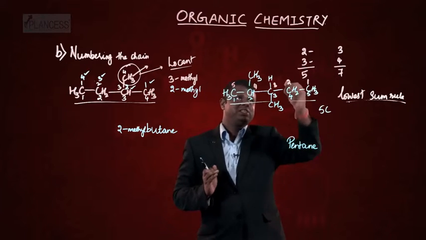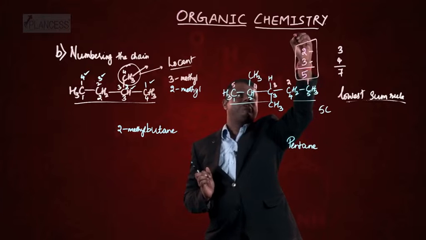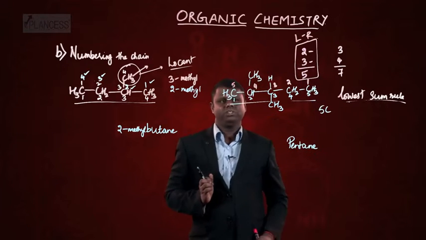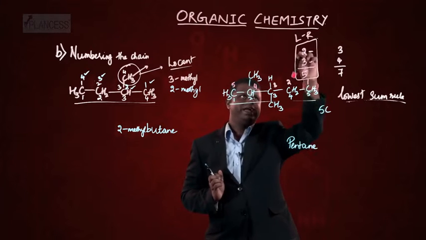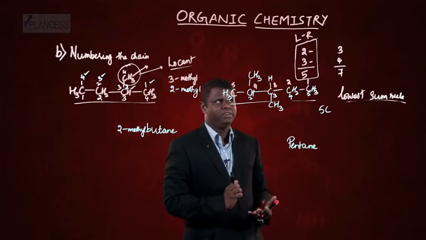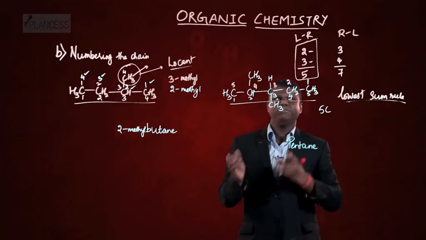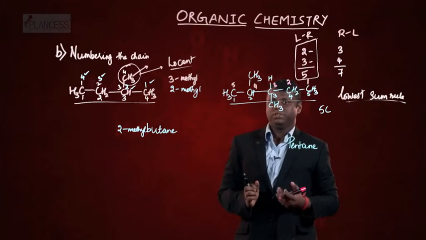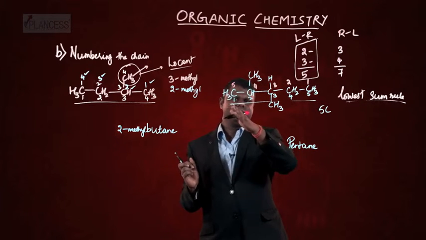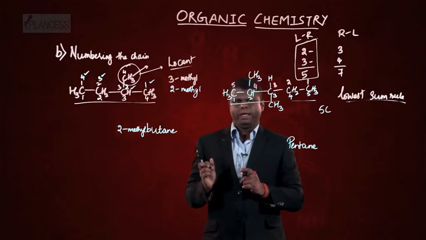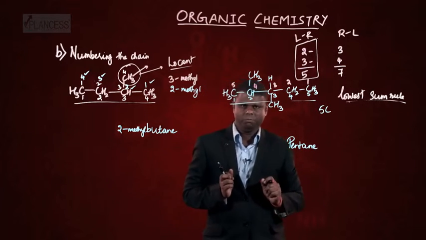So the preferred direction of numbering has to be from left to right, because the positions of the substituents are 2 and 3, which gives the sum 5, and in the case of right to left, the positions are 3 and 4, which gives a sum of 7. So now it's completely clear that I have to number from left to right in this particular molecule.